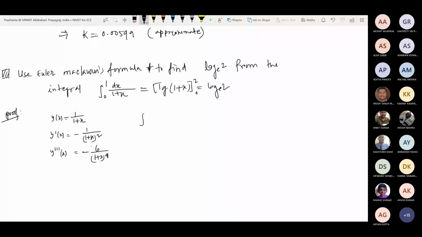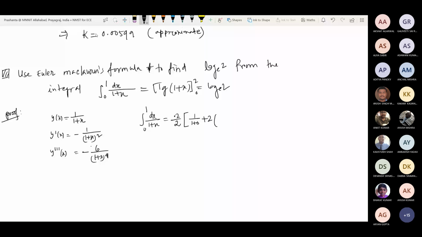Integration 0 to 1, if you create 6 data points, what will be h? For 6 data points: 0, 0.2, 0.4, 0.6, 0.8, 1. So h is 0.2. So integration 0 to 1 dx upon 1 plus x is h by 2, so it will be 0.2 by 2. First the output value at x equals 0, so it will be 1 by 1 plus 0, plus 2 times the values at the intermediate input data.